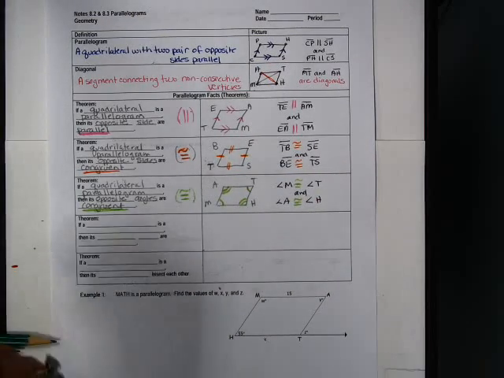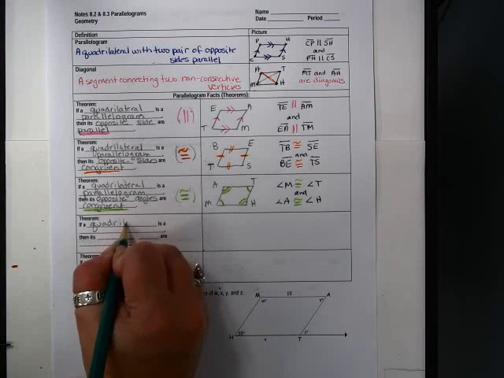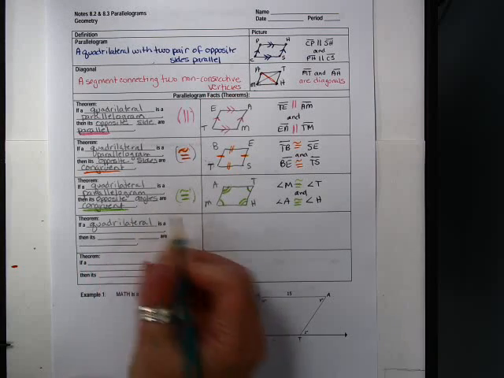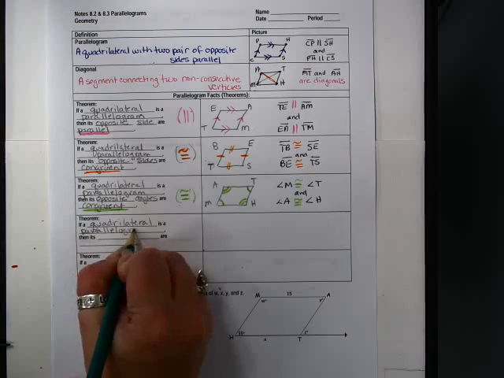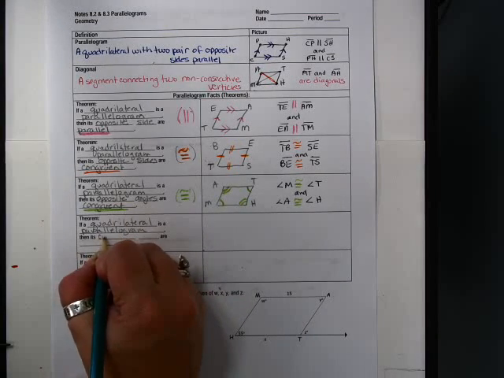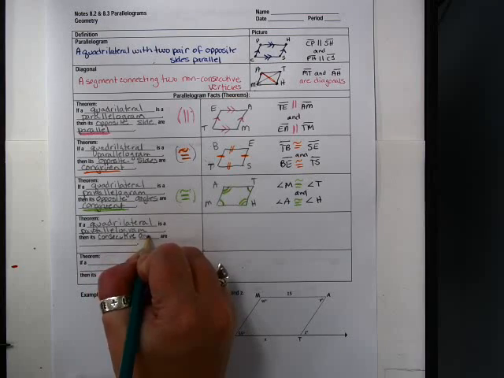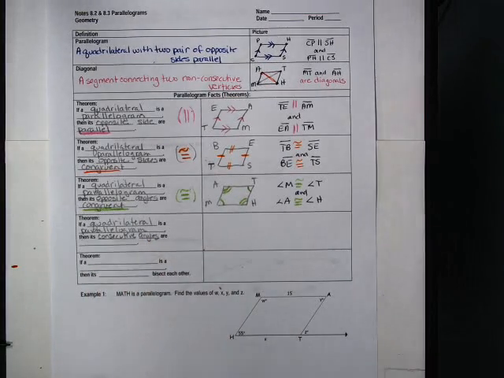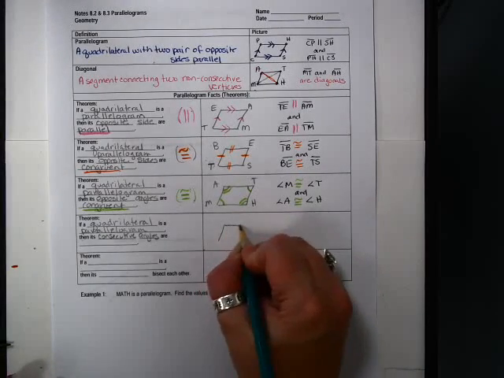Okay, next one says if a quadrilateral is a parallelogram, then consecutive angles are blank. All right, first of all, let's go ahead and draw this before we put anything else into it.